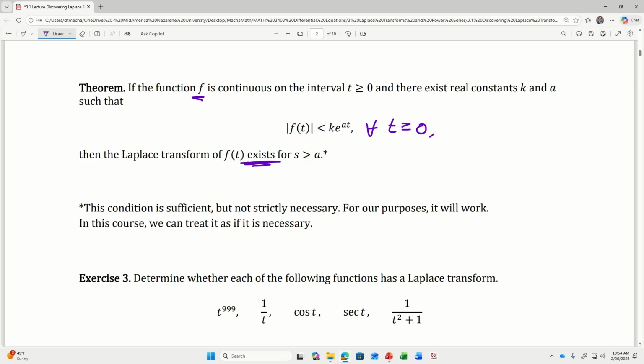But if we were being strict mathematicians, this is not a strictly necessary criterion. There are some functions out there that are kind of pathological and a little bit difficult to define, that don't meet this criterion but still have Laplace transforms.